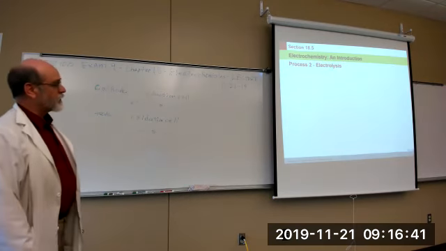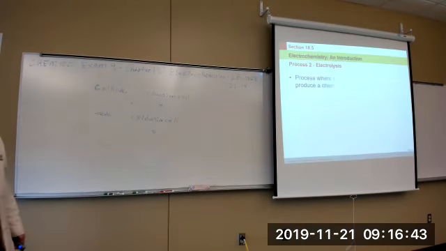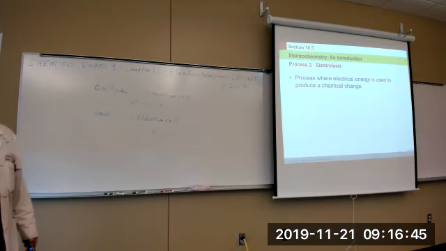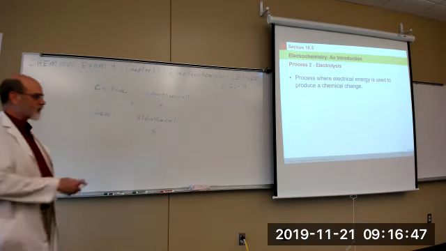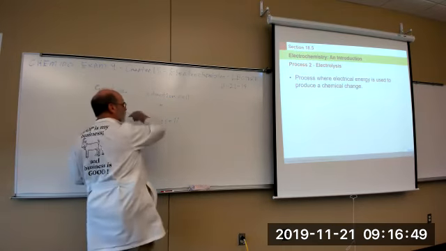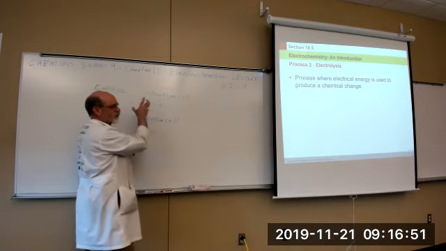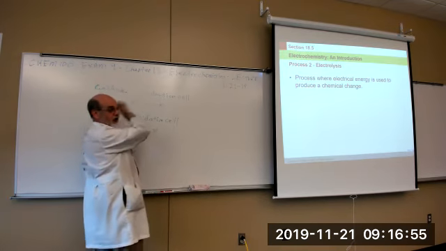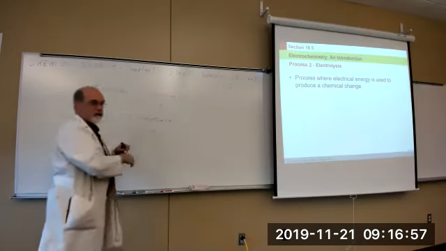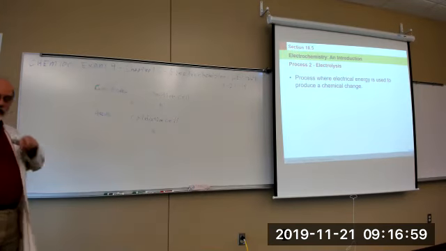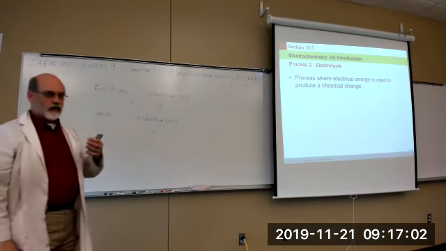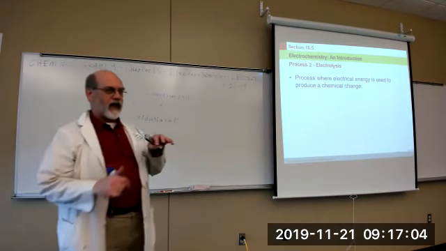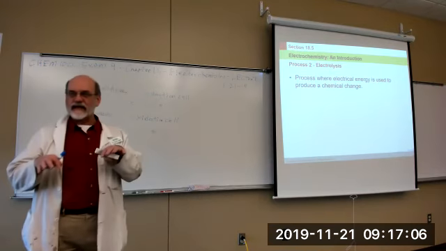The other way is electrolysis. And electrolysis is just, you run the battery in reverse. So if the electrons are moving this way, you put an external source of power that supplies electrons to drive it backwards. When you set up a battery, you're depending upon those two half reactions to be spontaneous.